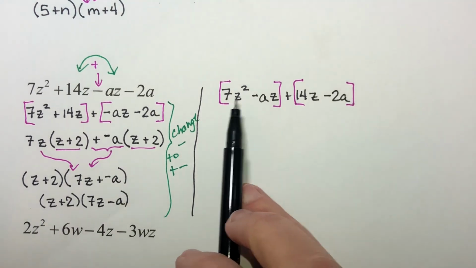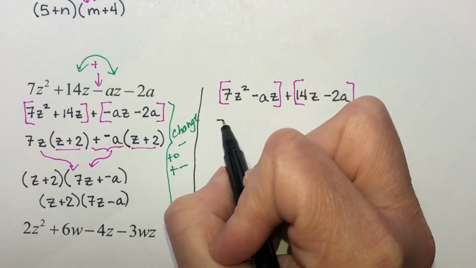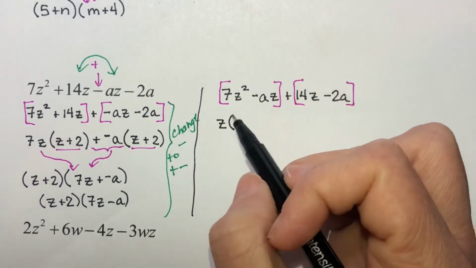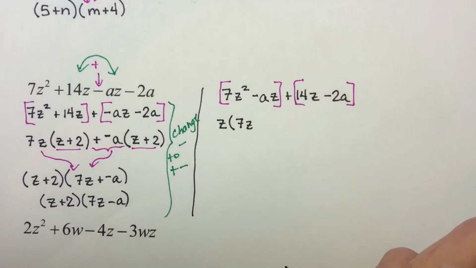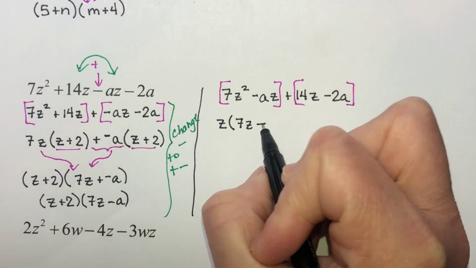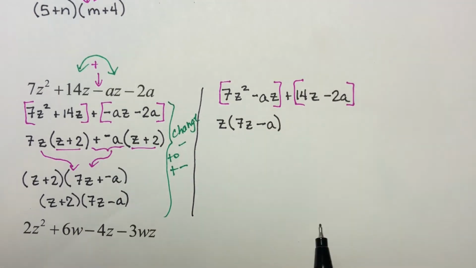What can I factor out of this one? I have a z in both of them, and that's all I have. So factor out that z. Z times 7z will give me back the 7z squared. Minus, here I need an a. 7z minus a.